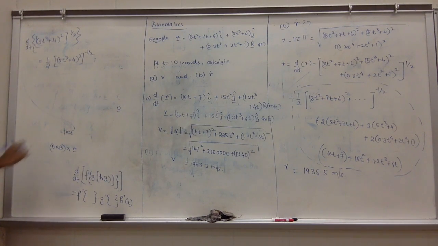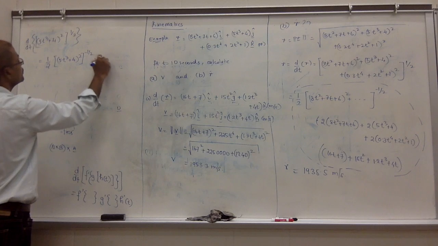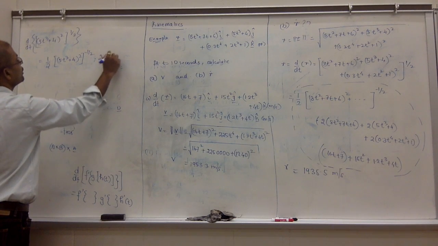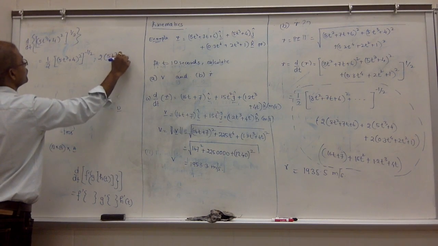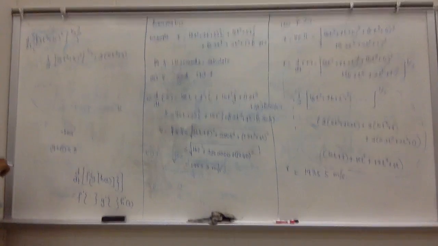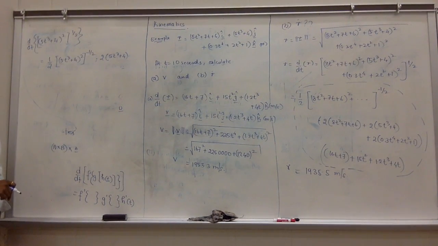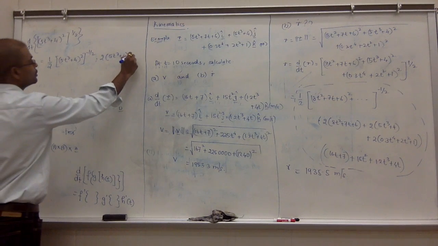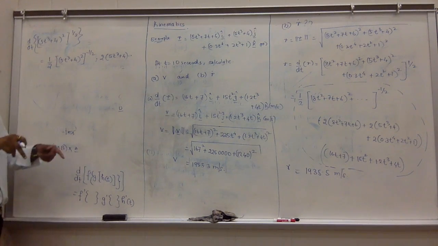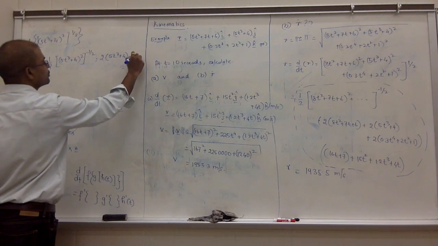You do 2, 5t cube plus 4. You take the bracket, again 2 minus 1 is 1. Multiplied by, you take the 1 in the parentheses. It's just 15 t squared.